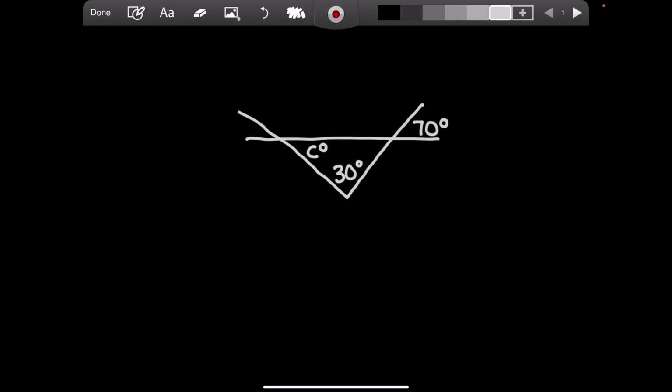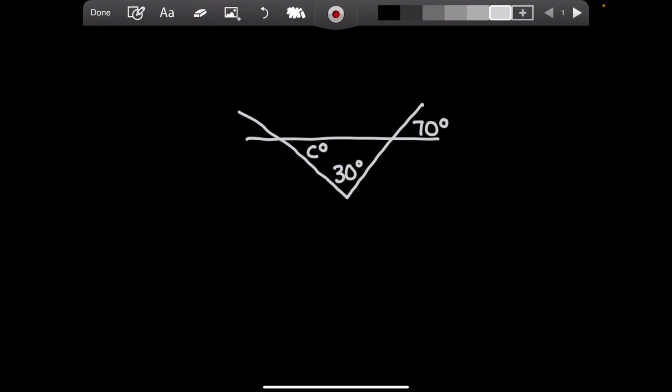We're going to do one more just so that I make sure you really understand the concept. Again, very similar background. We got our little triangle here, and this one's going to be super easy. We're going to be looking for angle C. We're given that this one is 70 degrees and this one is 30 degrees.